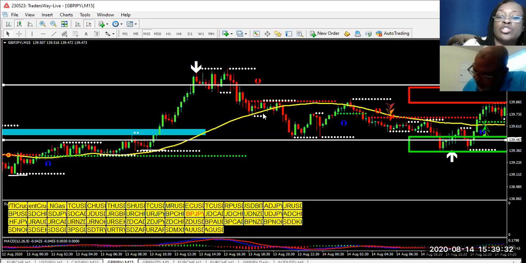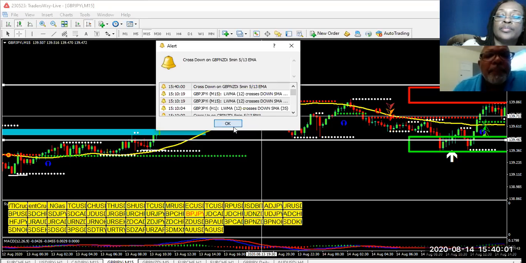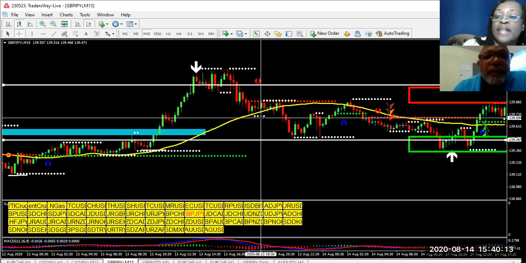I'll show you what that looks like. For instance, if the candle actually closed right on these dots, sitting right there, then what you want to do is wait for the next candle to actually close below the dots.